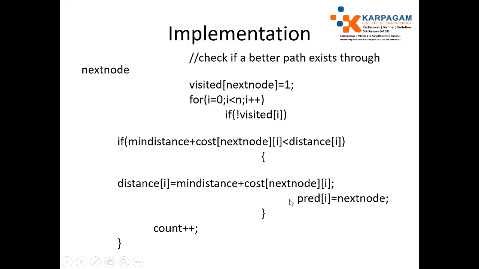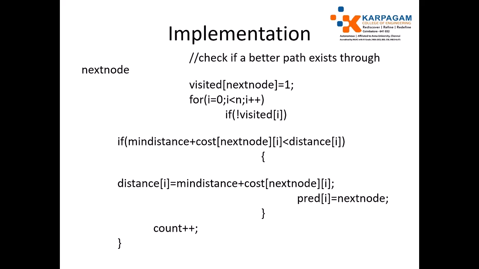And you also have to record the predecessor. So here we are making the update. Already you have some maximum weight value for the distance of a particular node I. Now it is compared with the minimum distance plus the current cost to the neighbor node.